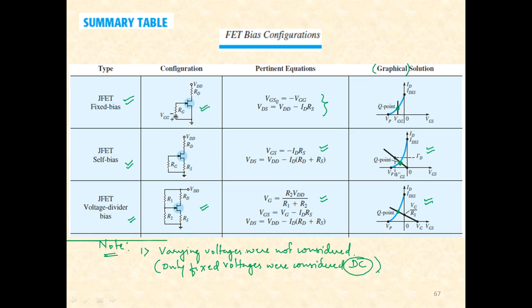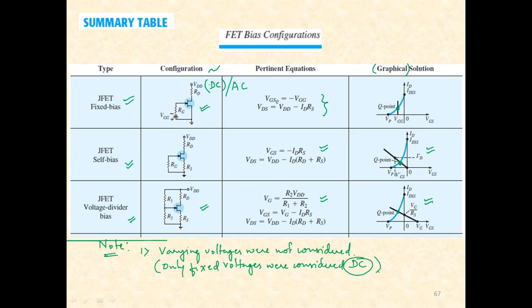However, if we considered varying voltages, it's not mandatory that this VDD should be a fixed voltage or a DC. It could be DC or it could be AC also. VDD may vary. So in that case, what should we do?